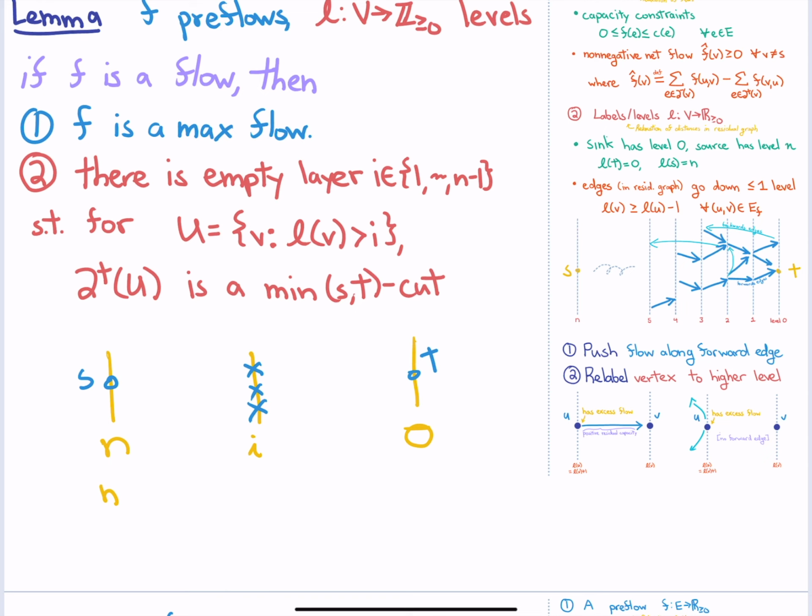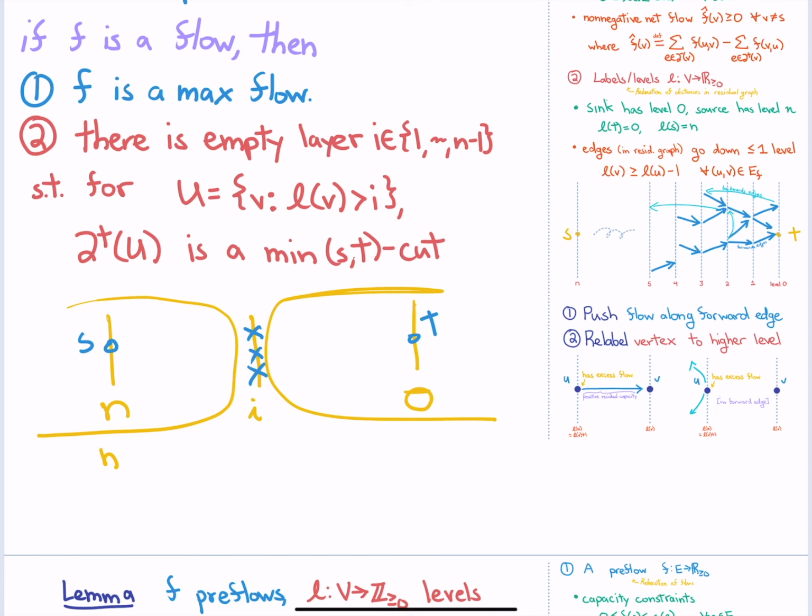And the claim is that all the vertices on this side and all the vertices on that side will give you an S-T cut. Okay, so what do we know?